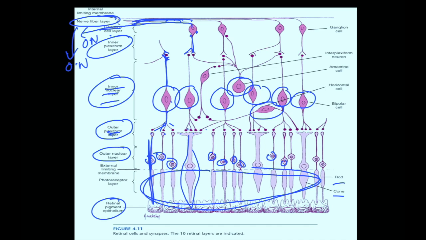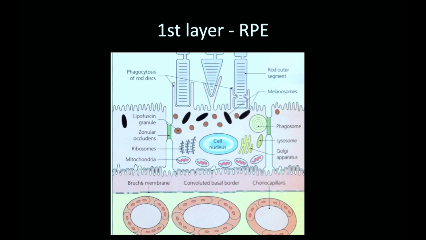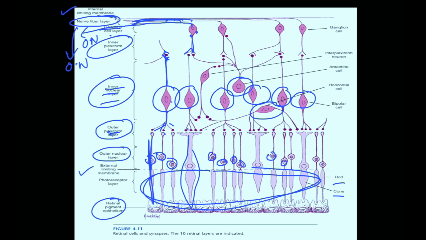Okay. So I've missed 2 important layers. One is the external limiting membrane, the other the internal limiting membrane. I'll discuss them in further slides. So we'll discuss each layer in detail. The first layer is the retinal pigmentary epithelium. In fact, understand there is an embryological difference between RPE and other cells, because RPE forms the first, the others form another group.